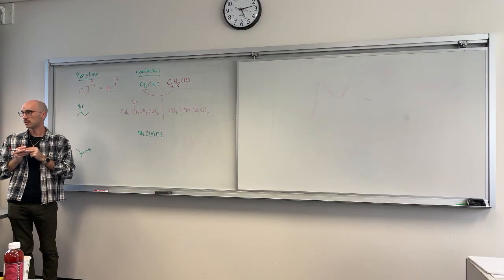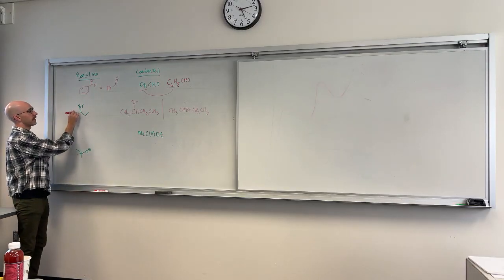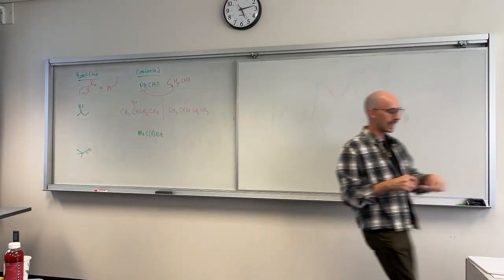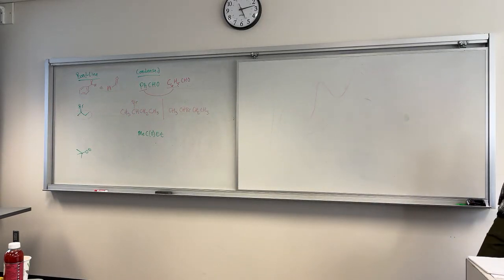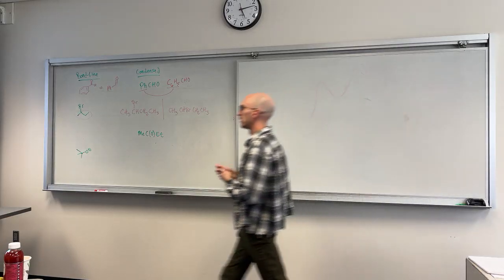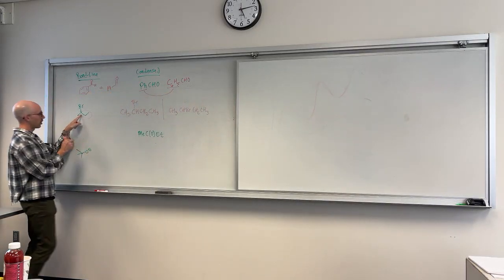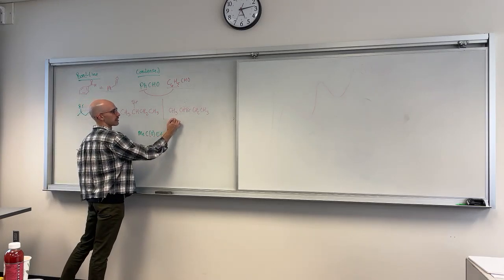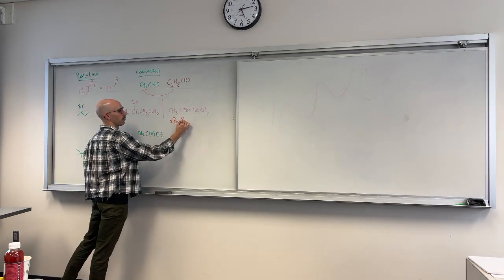But you can also recognize that this is a butyl group attached at that secondary carbon. So it's attached to a secondary carbon with methyl and ethyl. So you can also call this sec-butyl bromide.